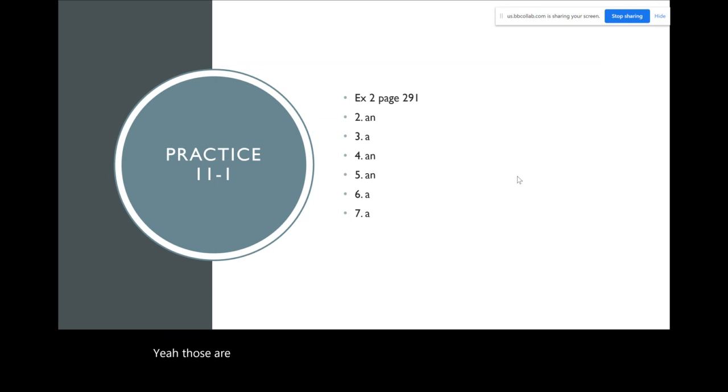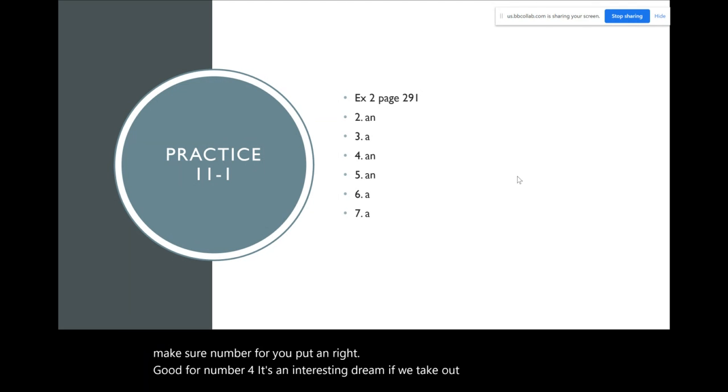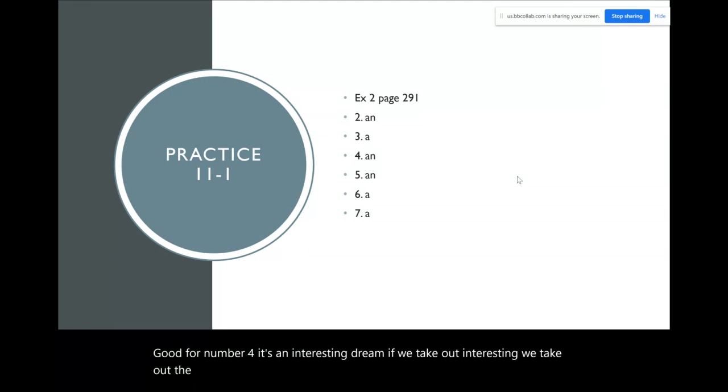Good job. All these correct. I want to make sure number 4 you put an, right? For number 4, it's an interesting dream. If we take out interesting, take out the adjective, then we would say a dream. One more thing I want you to look at.